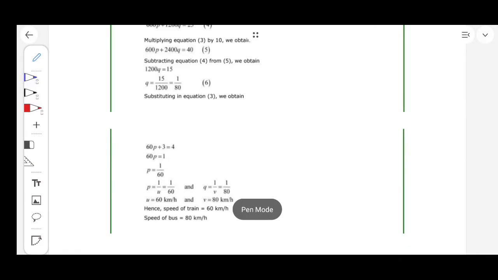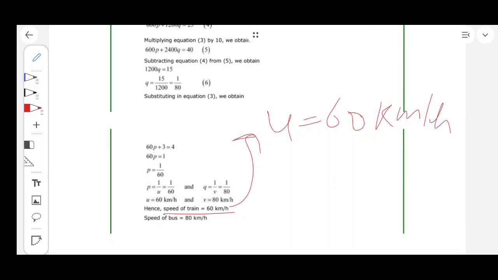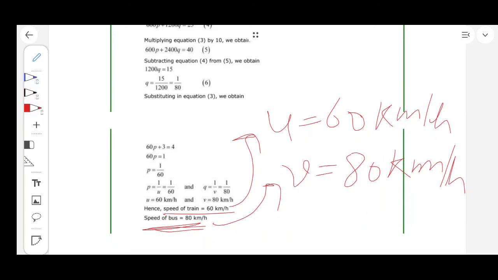Our solution is that the speed of the train, denoted by u, is 60 kilometers per hour, and the speed of the bus, denoted by v, is 80 kilometers per hour.